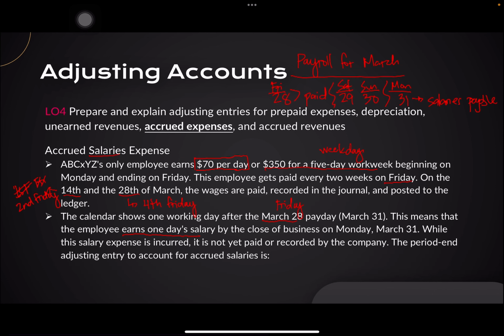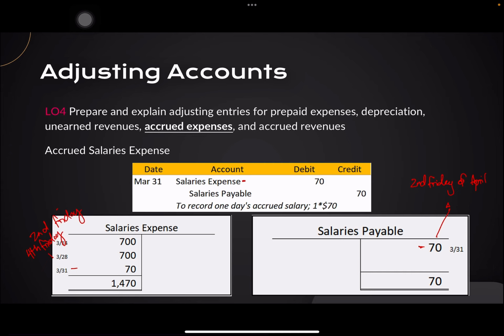The policy says here that the employee gets paid every 2 weeks on Friday. So this is still a liability on your part because you gave your promise, or your commitment, to your employee that you will pay their one day of March work or service on the second Friday of April.